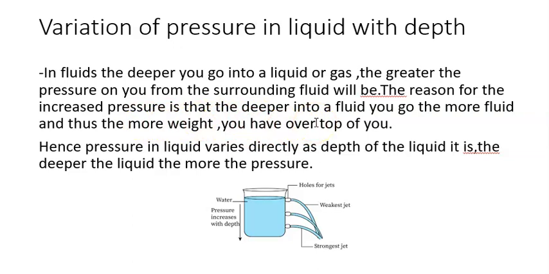The reason for the increased pressure is that the deeper into the fluid you go, the more fluid and thus the more weight you have on top of you. So once the weight is increased, the pressure is also increased. We will also consider the presence of upthrust.